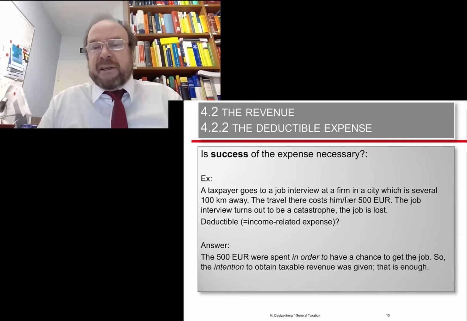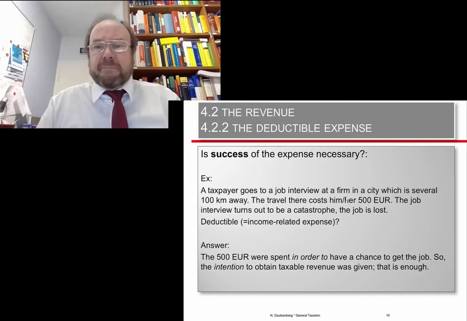Let's make the counter check. Was there any private consumer-related motive behind that expense? Well, traveling far away to a faraway city, ringing the doorbell there, sitting down in a very unpleasant job interview, experiencing a complete catastrophe and then going home.